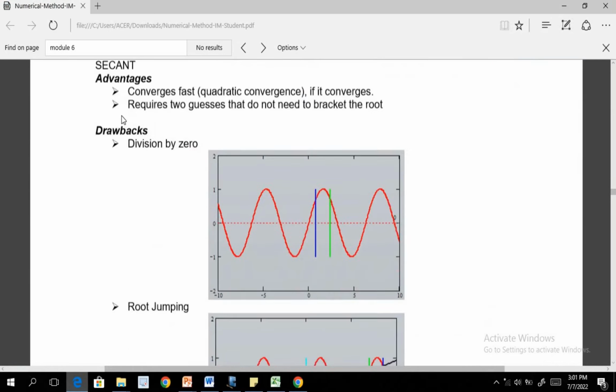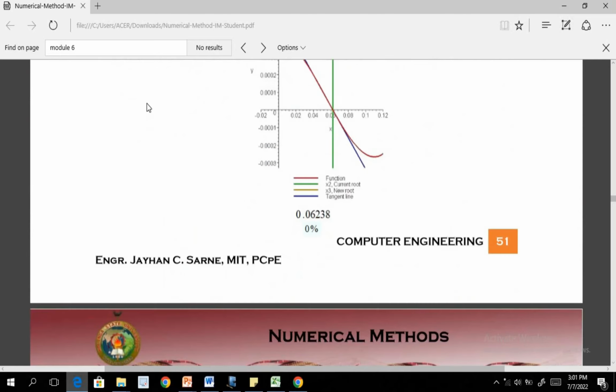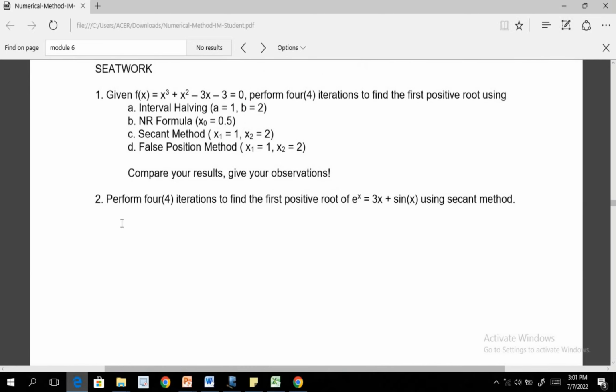Okay, going back to your activity, you have to use the interval halving or your bisection method, the Newton-Raphson method, the secant method. False position method is the regula falsi. Okay?